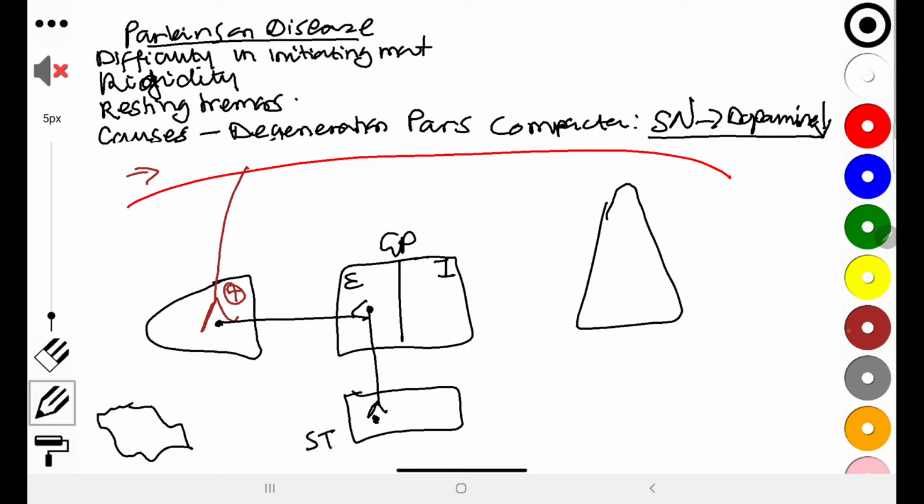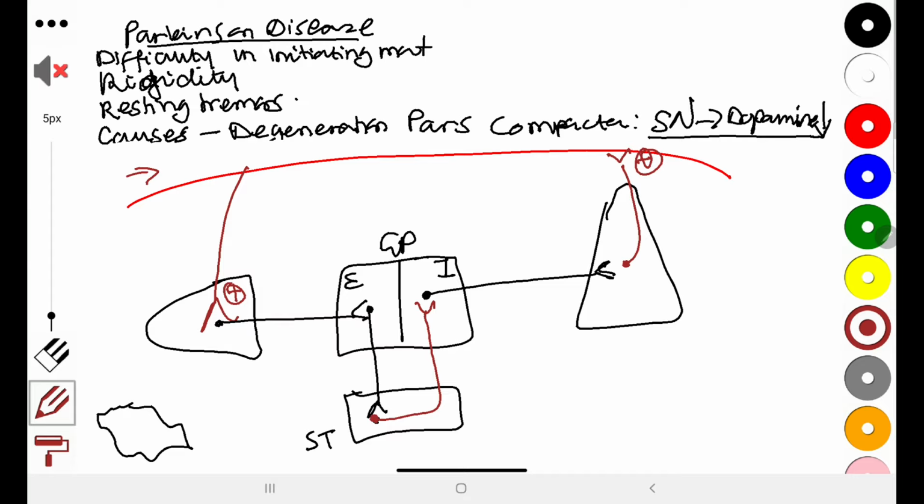Less GABA in the subthalamus will imply more glutamate in the internus. When there's more glutamate in the internus, we see that there will be even more GABA in the thalamus. If there's more GABA in the thalamus, it means that we won't have much stimulation going on.